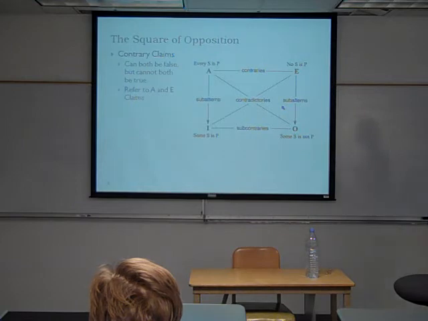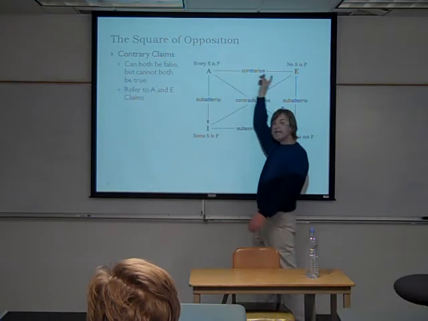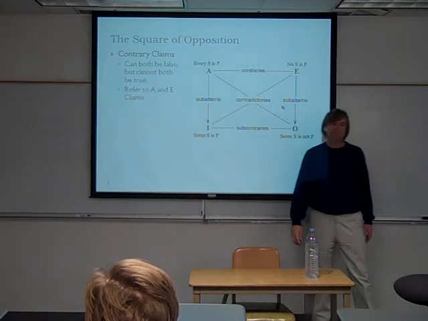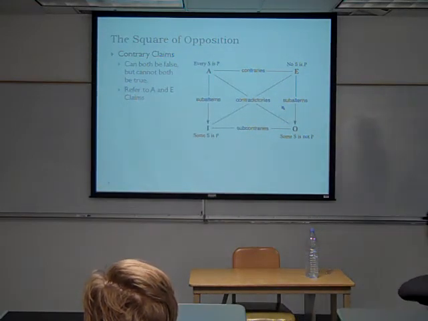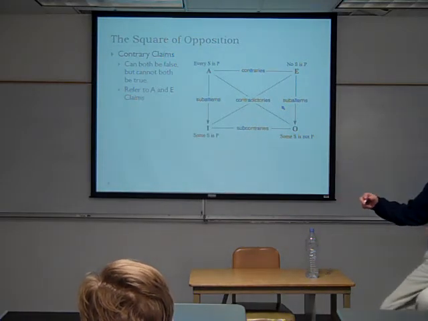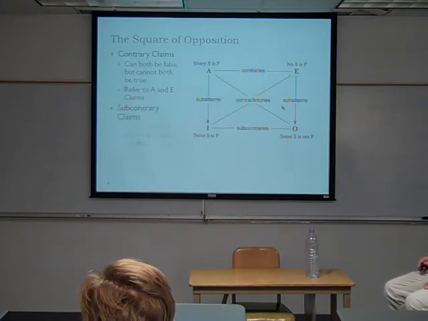Now, contrary claims are only going to refer to A and E claims. That's why contraries are up here. Now, it's all simple, but it builds on itself, and that's what makes it complex.